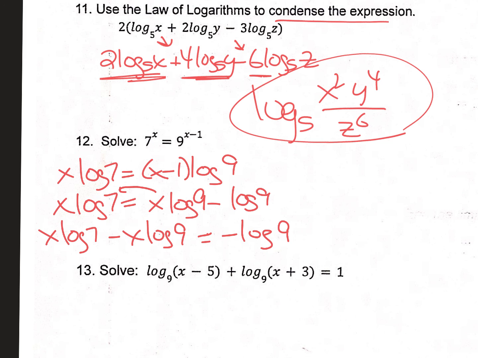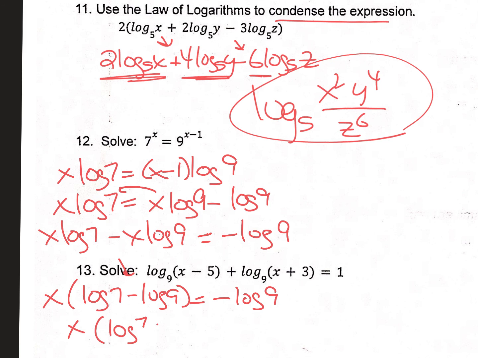All right, now to get the x, you've got to factor it out. So I'm going to factor out the x. That will give me log 7 minus log 9, and it equals negative log 9 over here. Now, because I have subtraction in my parentheses, that's really x times log of 7/9 equals negative log of 9. To finish, all I'm going to do is divide both sides by log 7/9.